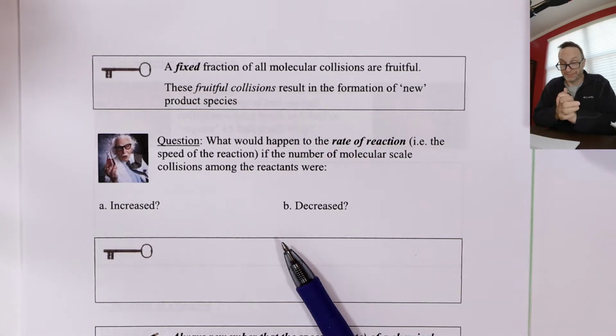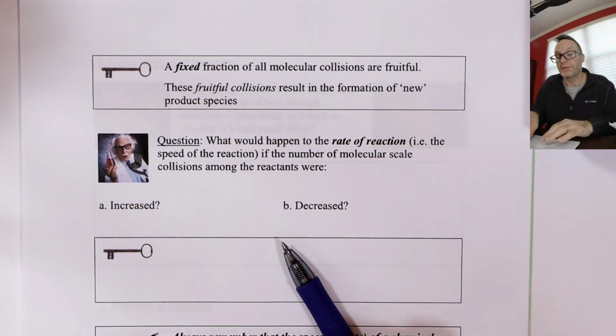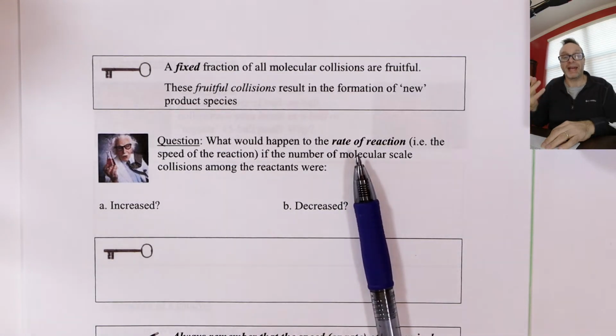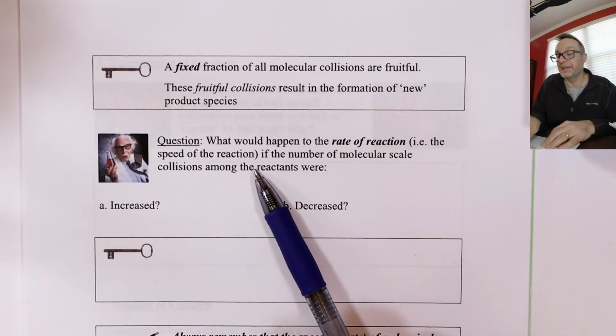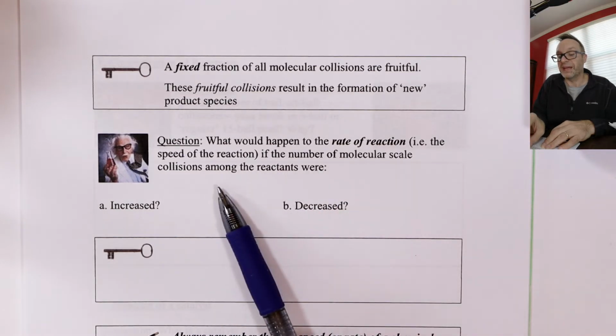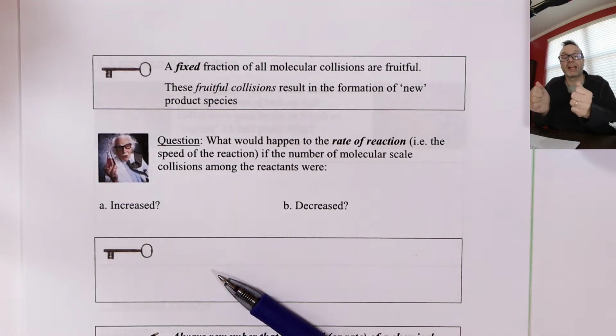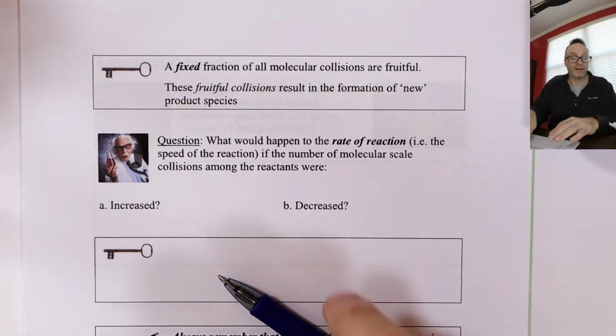Okay, so simple question. If you ever get stuck with kinetics, always come back to the simple idea: collisions amongst the reactants. So quick question here. What would happen to the rate of reaction, i.e. how many products you make per second, the speed of the reaction, if the number of molecular scale collisions were increased? If you had the number of collisions per second increase, would it go faster or slower?